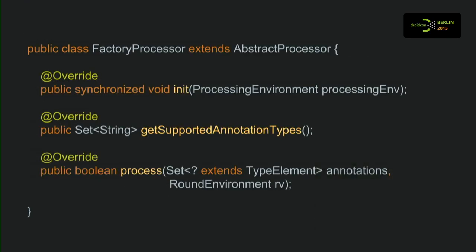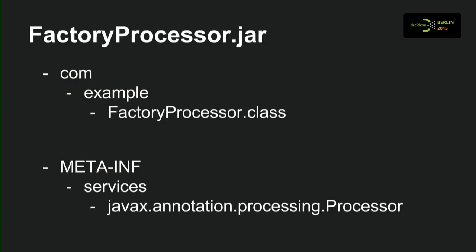Okay, so those three methods are basically what we have to override or implement to get started. And how do we register the annotation processor itself to javac, the Java compiler? Basically, we pack our annotation processor into a jar, like any other Java thing, and pack the classes in there.